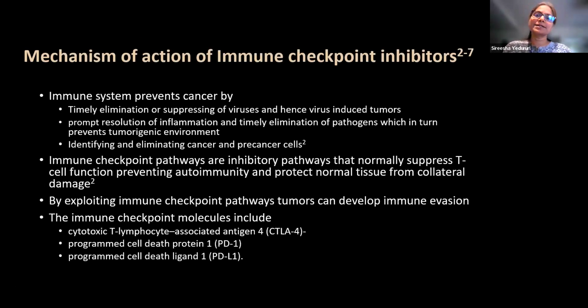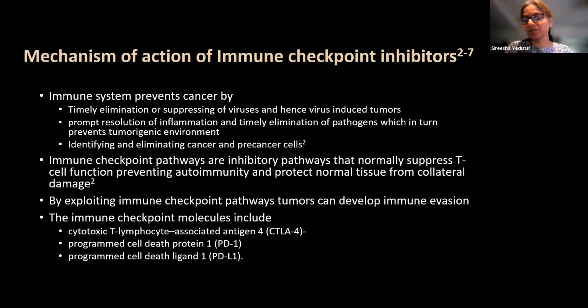So coming to the bird's eye picture, what is immunotherapy and how does it act? We all, fortunately, have an immune system that tries to prevent cancer on a daily basis. Our immune system prevents cancer by eliminating viruses, hence viral-induced tumors. It also results in prompt resolution of the inflammation.